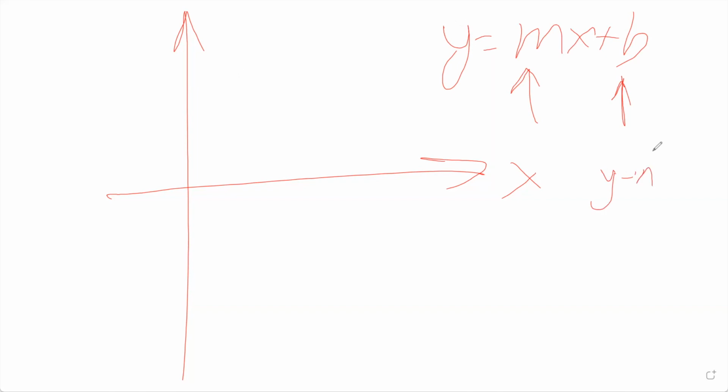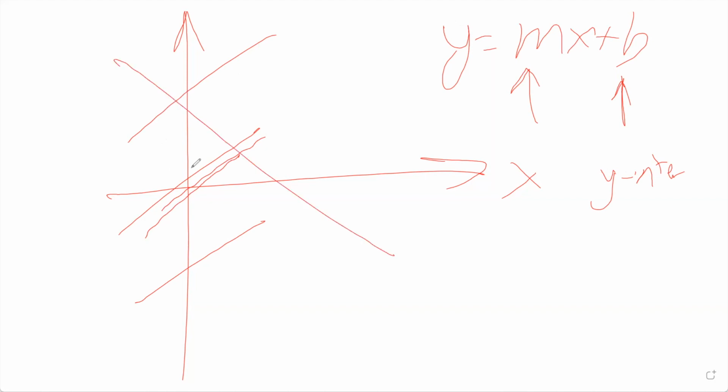Y-intercept means where is the graph cutting the y line? Is it cutting here? Is it cutting here? Is it cutting exactly on the zero line? It can cut like this, it can cut like this. But again, the point is the point that you see here.